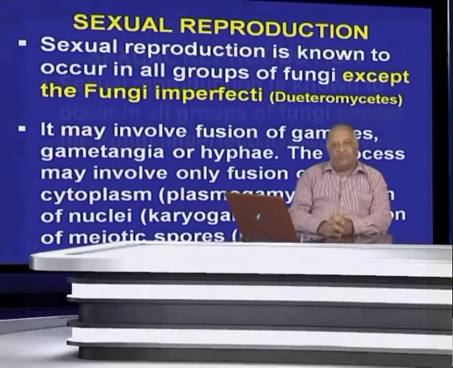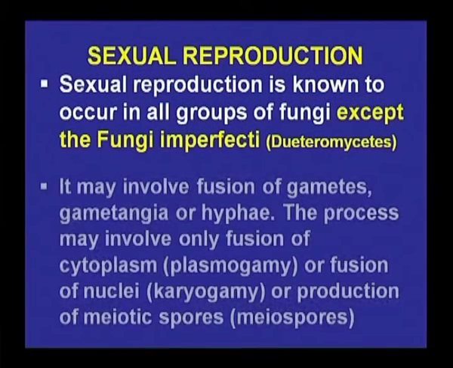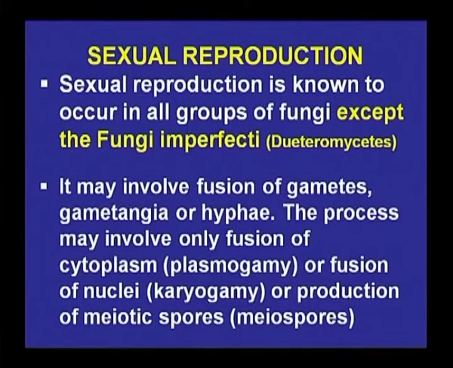Mostly it is in the Ascomycetes. It may involve fusion of gametes, gametangia or hyphae. The process may involve only fusion of cytoplasm, which is known as plasmogamy, or fusion of nuclei, which we call karyogamy, or production of meiotic spores or meiospores.